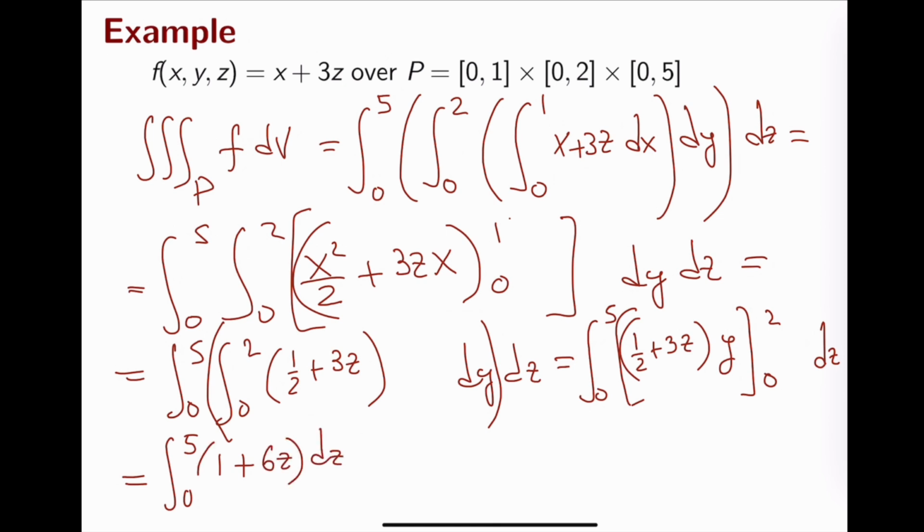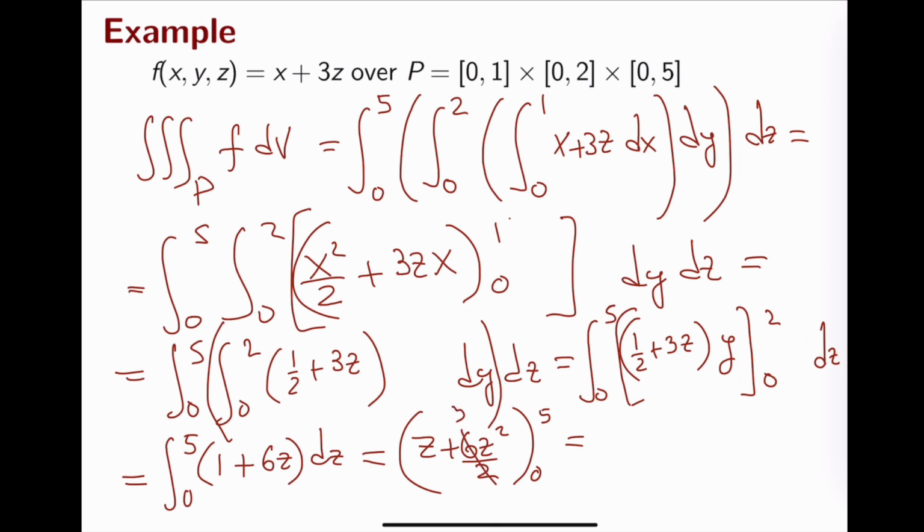And so this is the last integral that we need to solve. So this integral with respect to z, we integrate. The integral of this is going to be z plus 6z squared over 2. Then we need to evaluate this between 0 and 5. So let's plug in. Here we have first 6 over 2, this is 3.